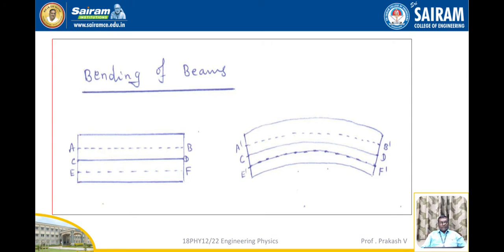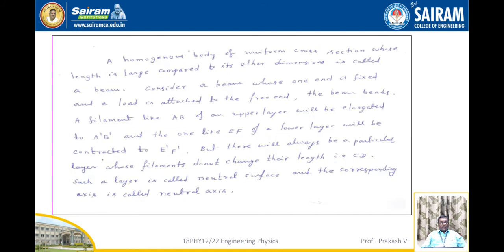In the next slide, you can look at the theoretical part. A homogeneous body of uniform cross section whose length is large compared to its other dimensions is called a beam. Consider a beam whose one end is fixed and a load is attached to the free end. The beam bends.